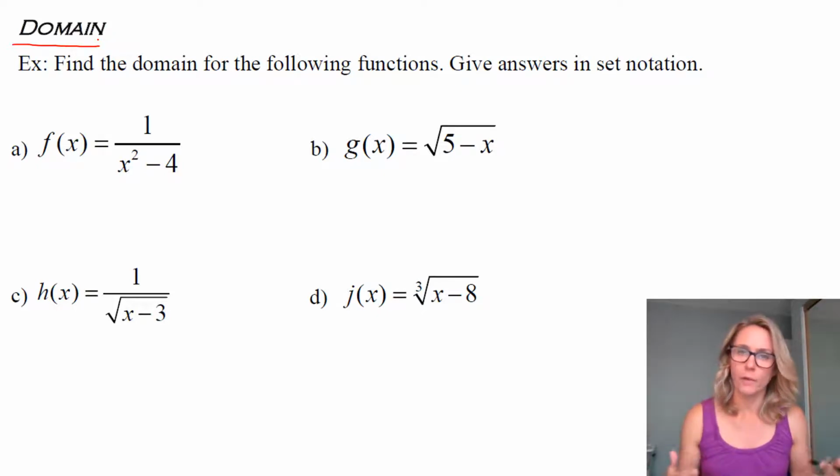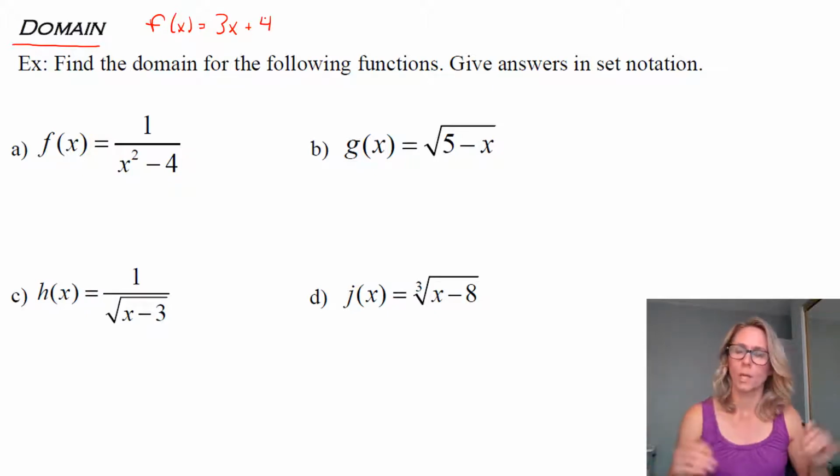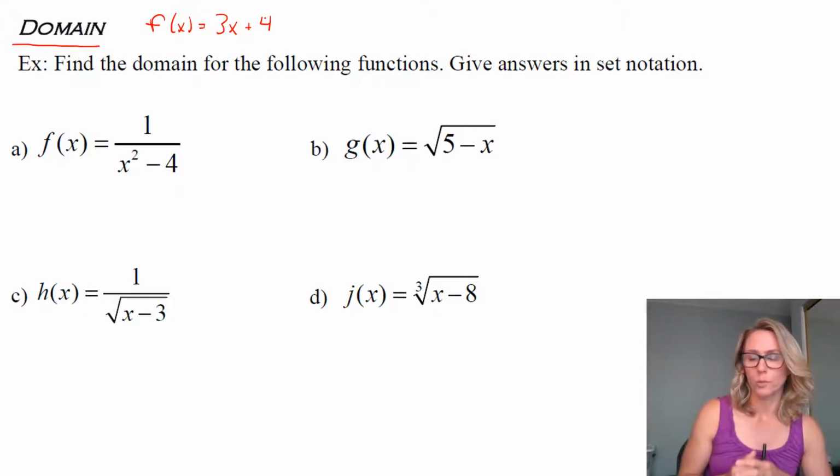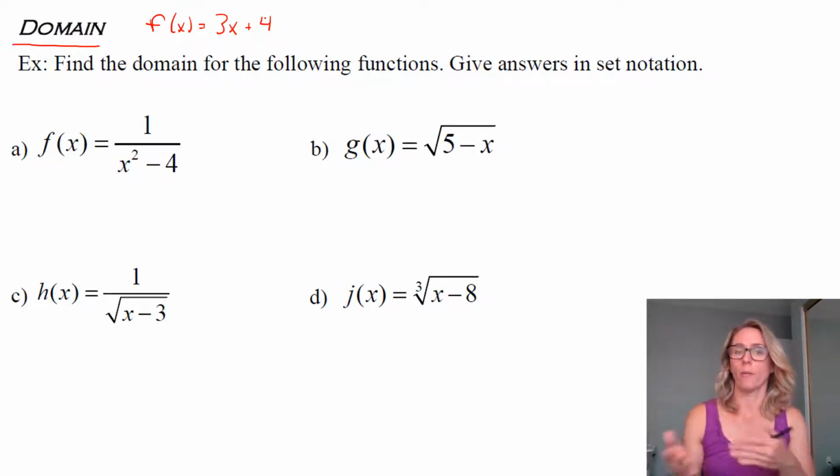So there's many functions that have a domain of all real numbers. So for example, let me just maybe give a couple more here. So up at the top, for example, if we have f of x equals 3x plus 4. This is a linear function, which we'll talk about, but the idea here is the domain is any value of x that I can take, multiply by 3, and add 4.